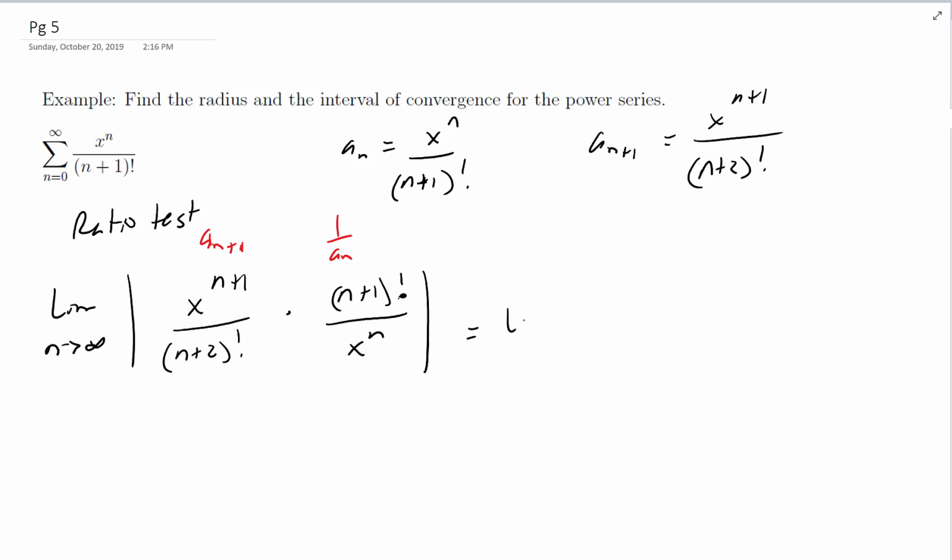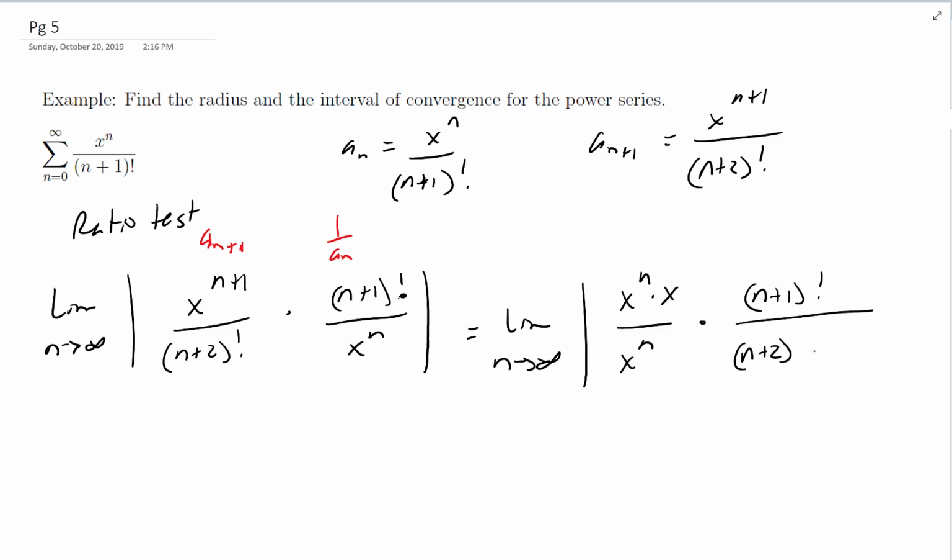Now we want to clean this up. So this is x to the n times x over x to the n, and then times n plus 1 factorial. My n plus 2 factorial is going to give me n plus 2 times n plus 1. I recognize that that's the same as the top. I'll stop the listing, so I stop it at n plus 1 factorial.